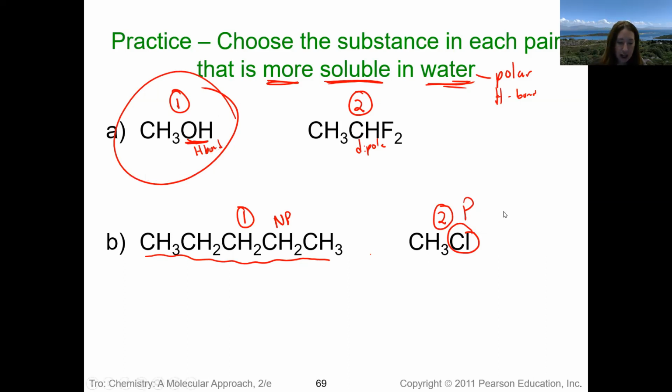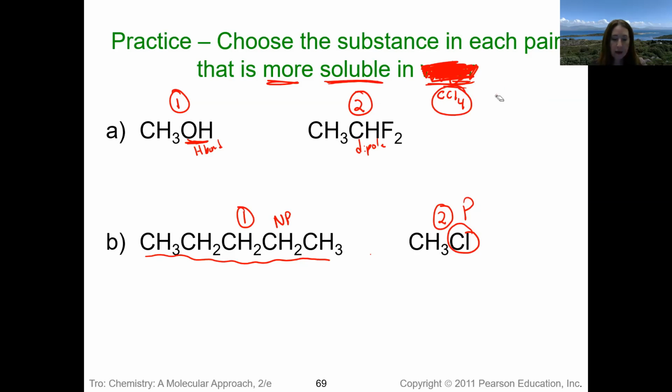Now, if I changed this to CCl4. So if I said, choose a substance in each pair that's more soluble in carbon tetrachloride. Now, carbon tetrachloride, again, looks like this. So you draw this out. I'm not putting my lone pairs in, but now you know they're there. This is nonpolar, right?